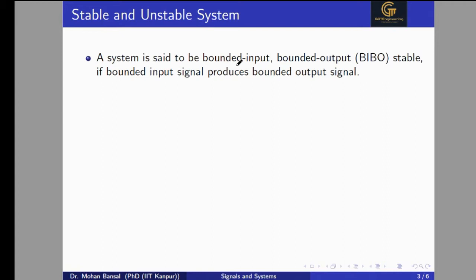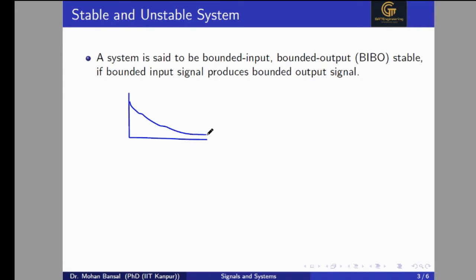Now, what is bounded? What is a bounded input? Bounded input means any signal which has finite amplitude throughout the time axis. Let's see. This is a decaying exponential signal.